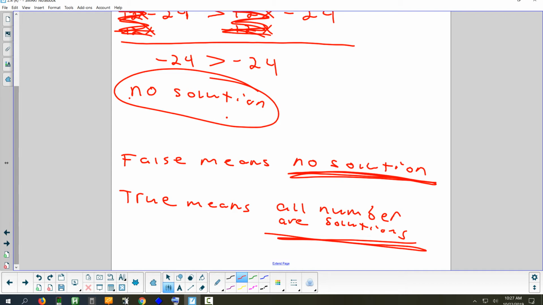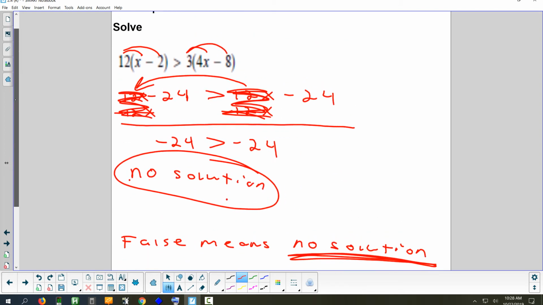There's no solution, so what would you shade? Nothing. If you had a number line and they said graph it, you'd leave it blank. There's nothing to shade. If it was the other case, where everything is a solution, you'd shade the whole number line with arrows on both ends. You shade everything, going on forever in each direction. Okay?